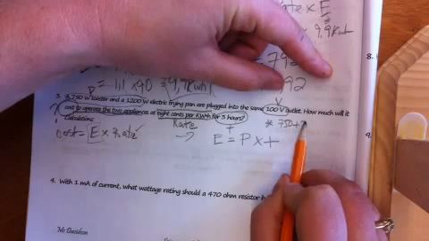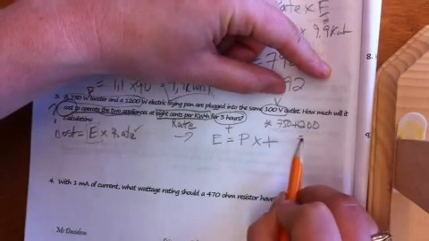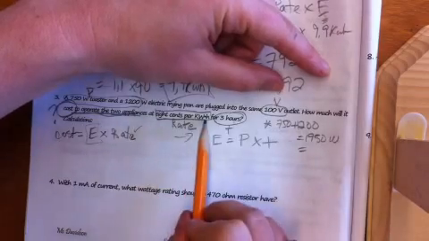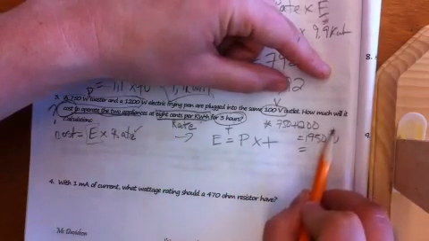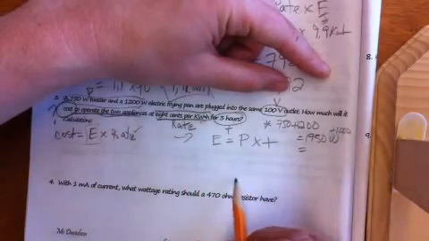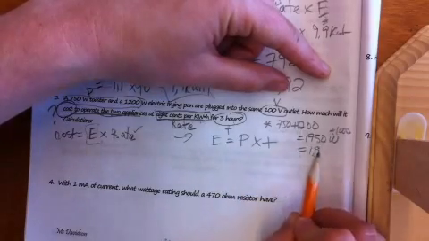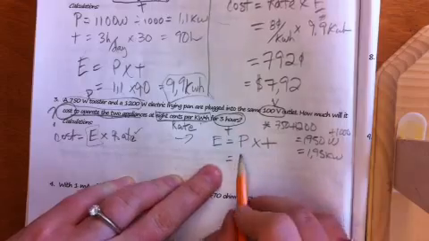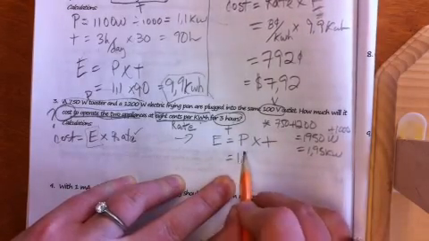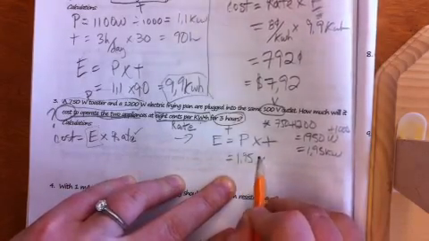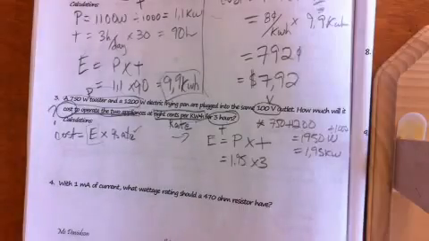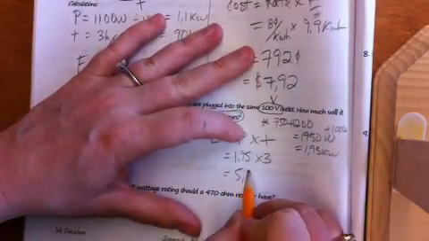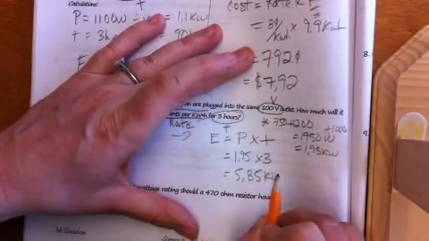750 plus 1200 equals 1950 watts. I need it in kilowatts because the rate is in kilowatt hours. I have to divide by 1,000, and that gives me 1.95 kilowatts, which I then put in my formula. 1.95 kilowatts times 3 equals 5.85 kilowatt hours.